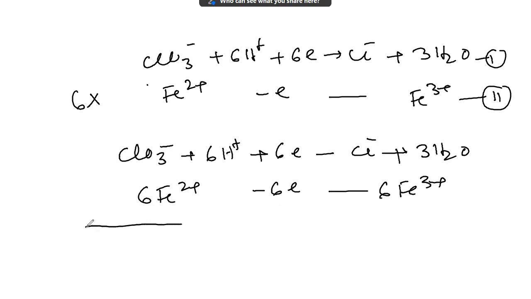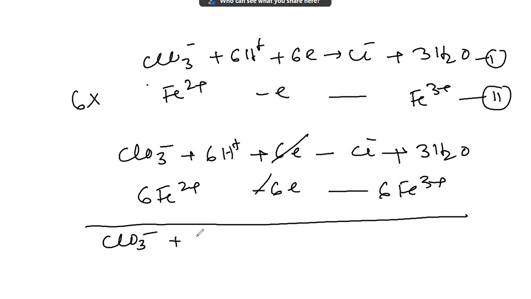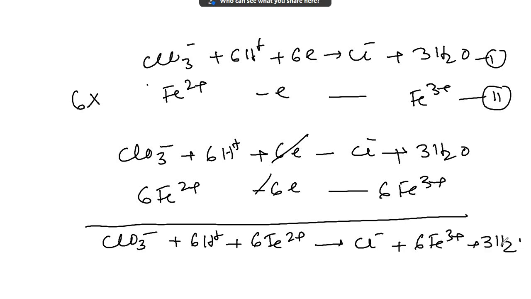Add these two equations. Now let's check whether everything is balanced or not. Chlorine is 1, 1; oxygen is 3, it is also 3 over here in 3H2O.